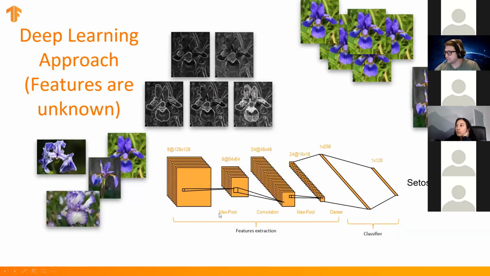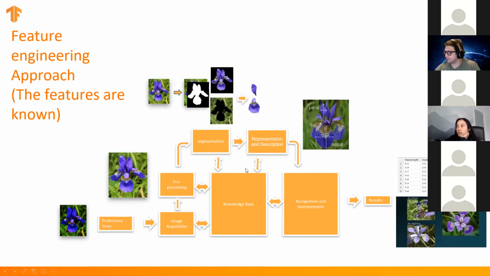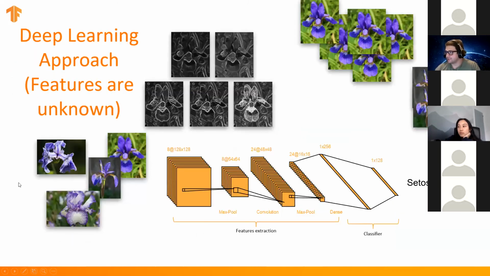But sometimes it's really hard to extract these features. Sometimes we cannot easily identify these features. For instance, for this problem it was really easy because you can visually inspect the images. For instance, this is one class, this is another class, and you can identify that only with those features that we picked, we are able to do a classification, a differentiation between the classes. But sometimes it is hard to get those features.